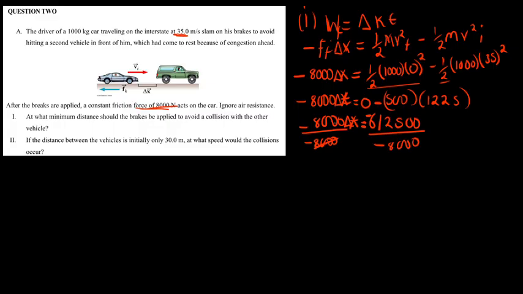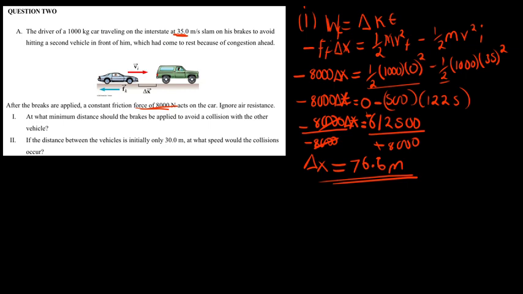So we have negative and negative, they'll cancel. Since they divide, what you have there after dividing by 8,000 will be 76.56 meters. That's what they are looking for.